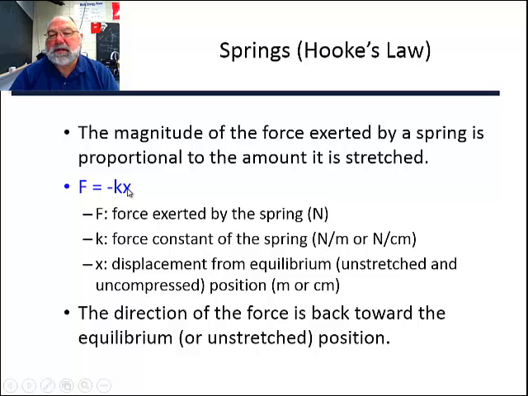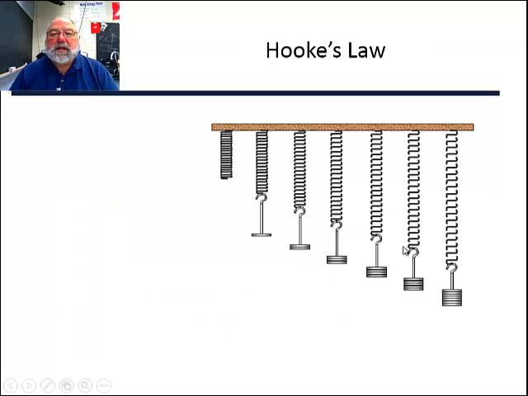It's called the equilibrium point. So x is how far it's stretched. And again, the negative sign just means the force is pulling back instead of aiding you in the stretch.